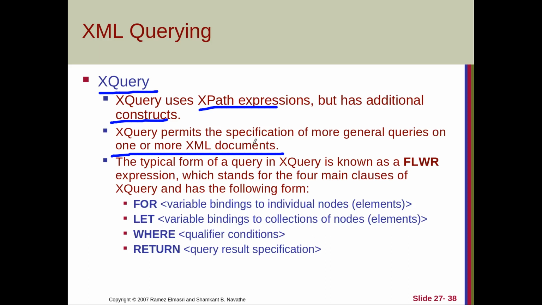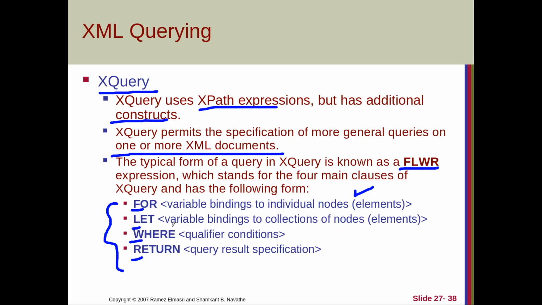The form of writing XQuery is in FLWR format or FLWR expression. That means for, let, where, return. So what is this for? For is used for binding variables to individual nodes, for X, for Y, like that.